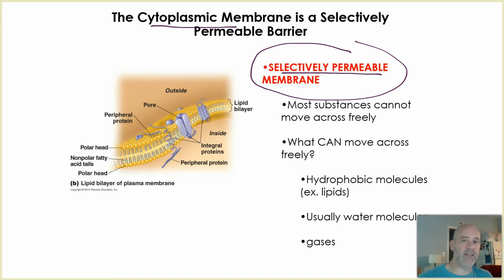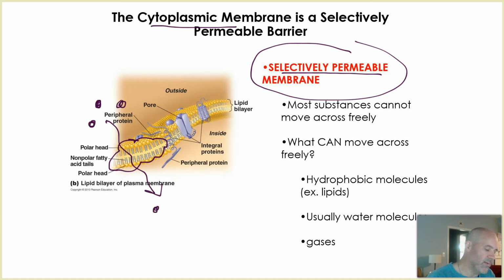A cell membrane is selectively permeable because it allows some things to pass through freely and others it does not. All right, and so the phospholipid bilayer over here, you see, if you've got most molecules, if they're sitting out here, they can't just freely move across to the inside. Most of the things are blocked from doing that.